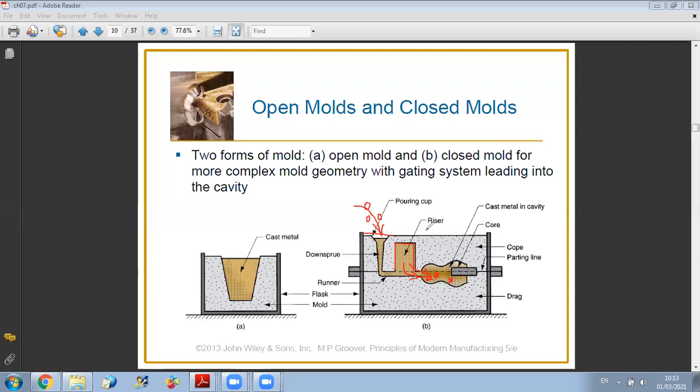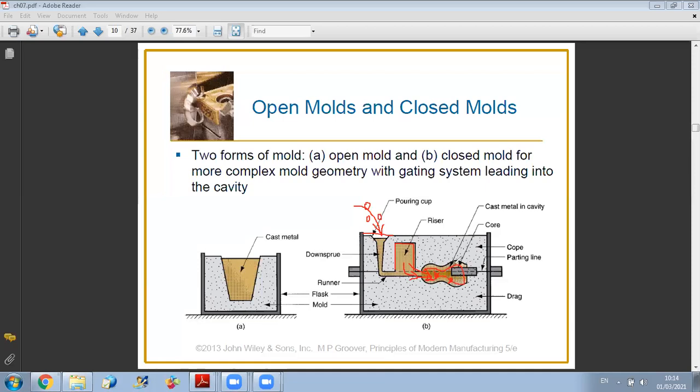Another important function is that during solidification, we will have what is called shrinkage. Shrinkage is mainly due to a reduction of volume because of an increase in density. So when you cool, density is increased, and since you have the same mass, the volume will decrease.